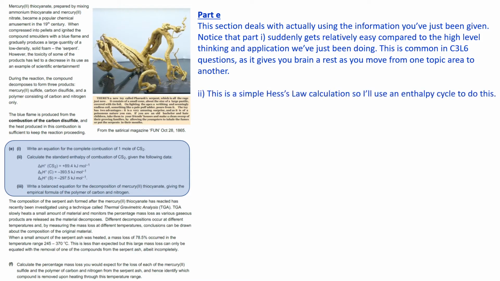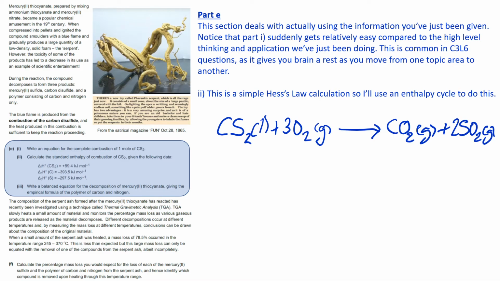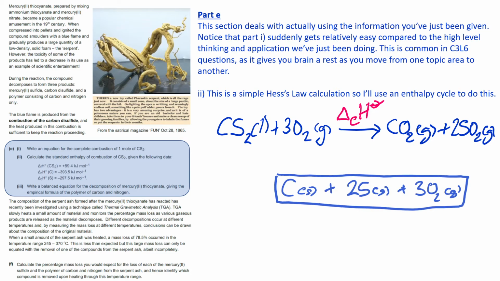Okay, the next part is a simple Hess's law calculation. You can see the data that they provide. So I'm going to use an enthalpy cycle to do this, drawing the reaction we've just put together across the top. That's obviously delta CH for standard combustion, because it's the combustion of 1 mole of your carbon disulfide. At the bottom, we put the elements from which those compounds are made, because the delta FH value for CS2 is provided.